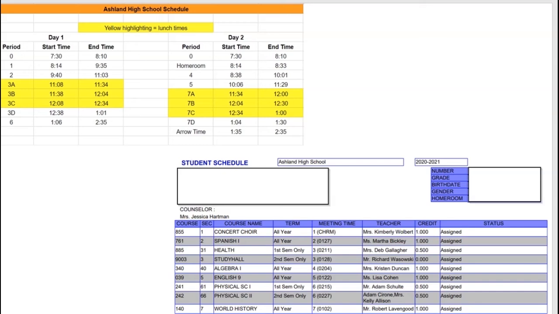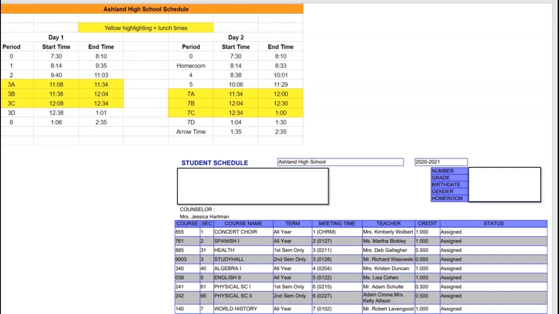Okay, so I'll go homeroom, 4, 5, 7, and I will eat lunch whatever period Mr. Lavengood eats. And so we'll figure that out as time goes on, as students pick up their schedules and those lunches are posted. And then for arrow time, I'm going to head back to my homeroom. So arrow time will happen in homeroom in the same place you had homeroom in the morning. So that's our day 2 on September 8th.